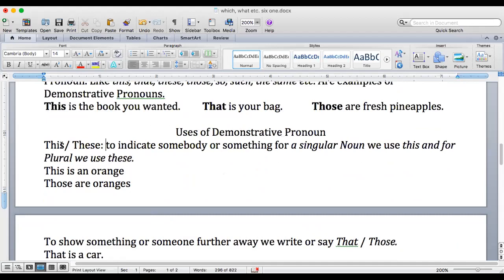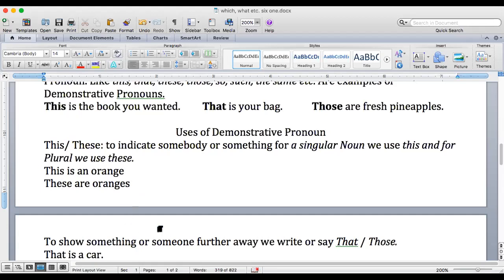This is for singular, these is for plural. This is an orange. These are oranges. All right.